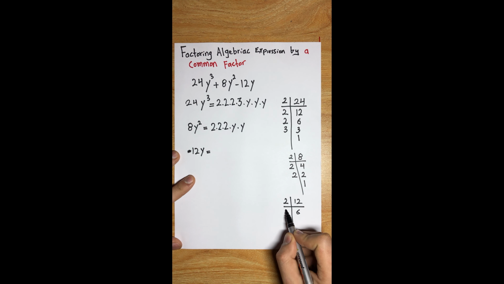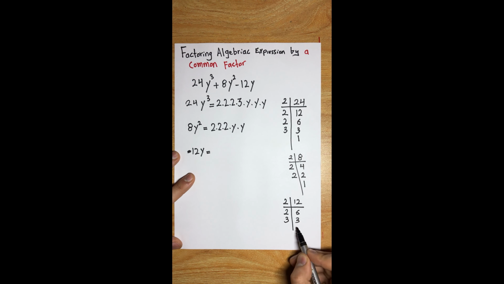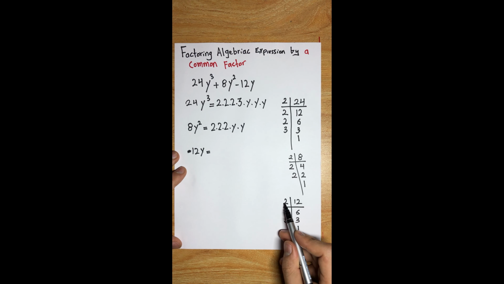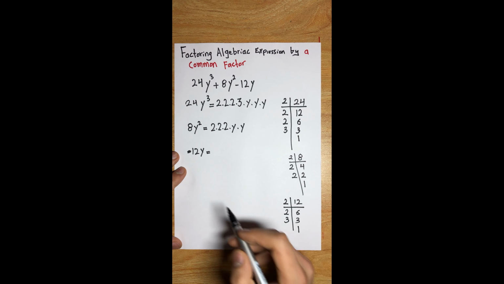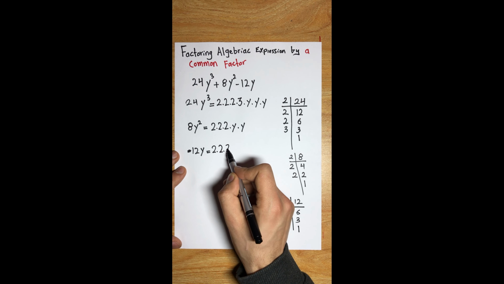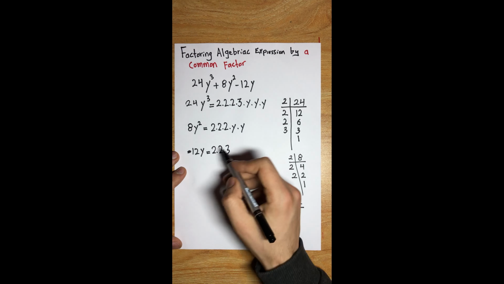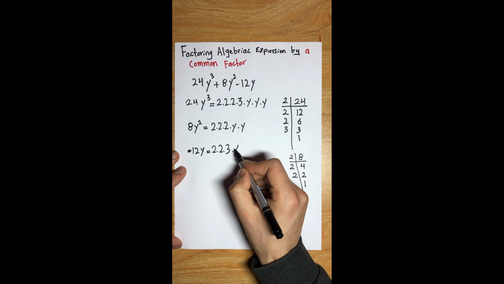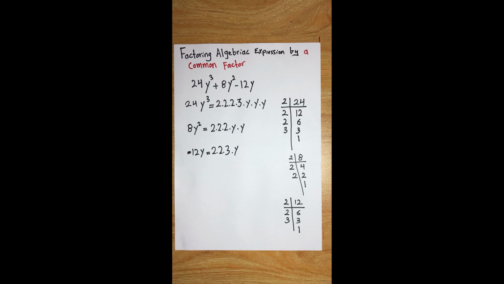So let's continue with 2, and 6 divided by 2 is 3, and finally 3 is divisible by 3 only, and the answer is 1. Now 12 is made of 2 times 2 times 3, and times y. Don't forget about the exponent, times y.